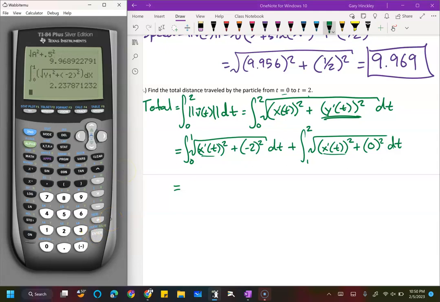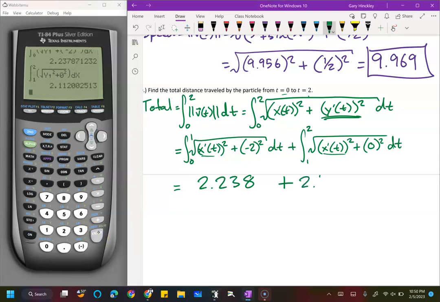So that gives me 2.238 plus the integral from 1 to 2 of the square root of y1 squared plus 0 squared dx.